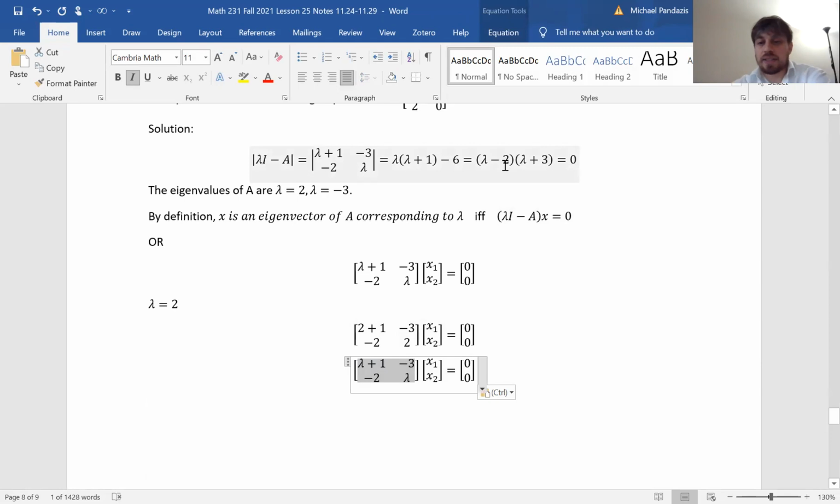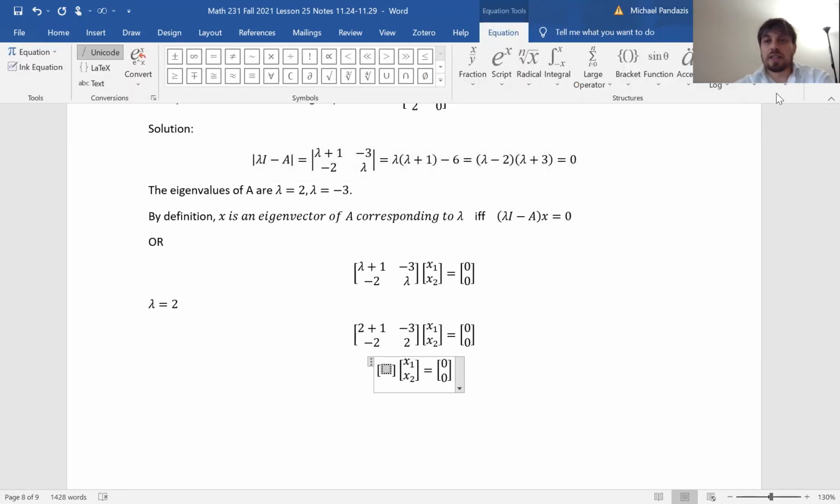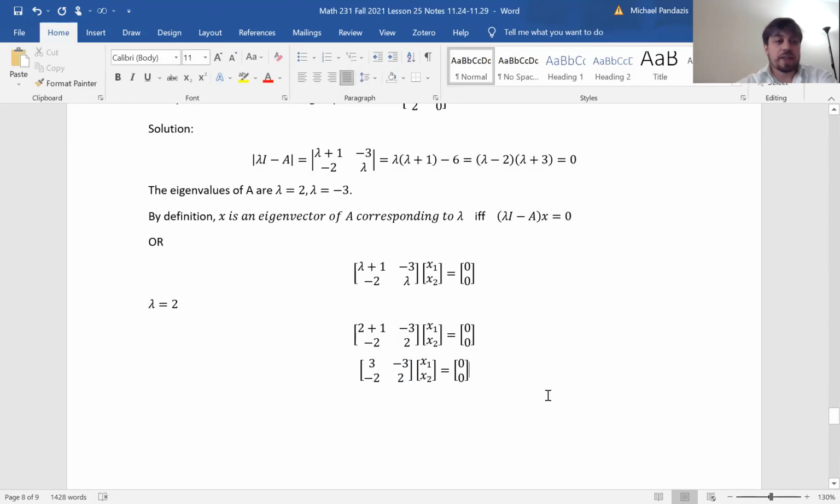If you plug in lambda equals 2, then you get 3, -3, -2, 2. You get that equation.